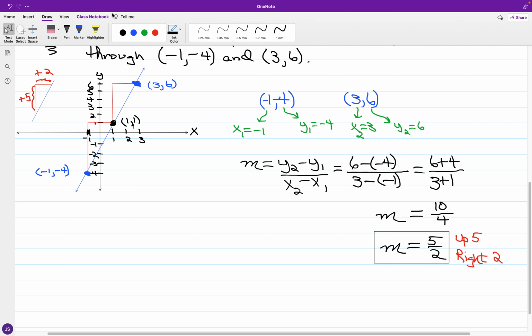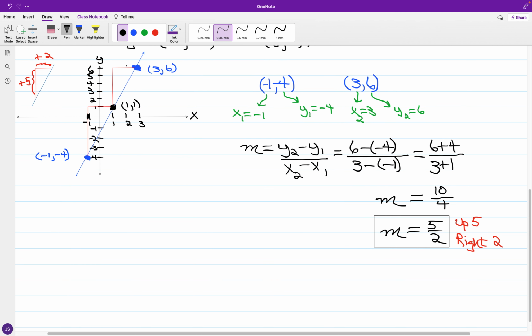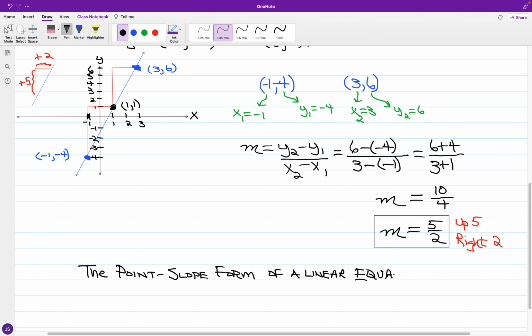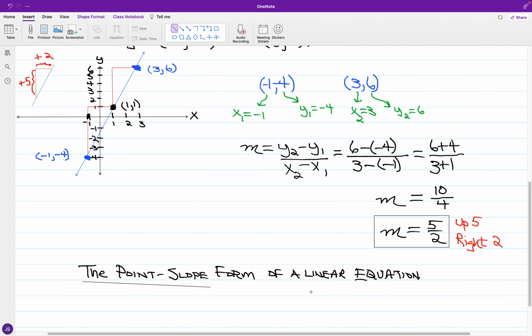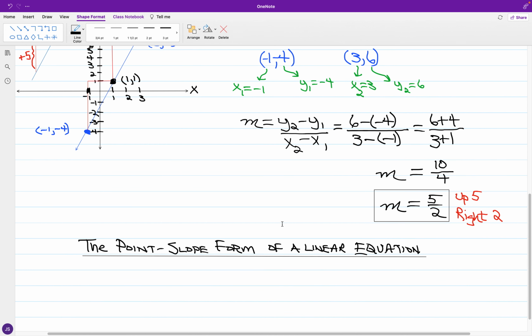And the first of these, we'll have what is regarded as the point slope form of a linear equation. In short, that is often referred to as the point slope equation.